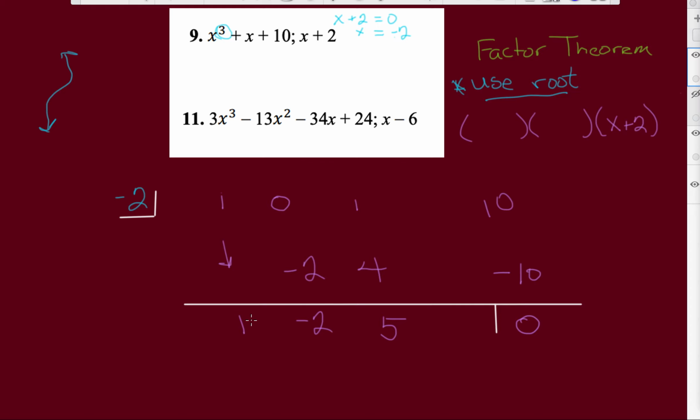So I'm going to put in an x squared. I dropped the degree by 1. Now it's x squared, negative 2x, and plus 5. Okay, so that's my new polynomial. So this polynomial here times this is going to give me this original function.